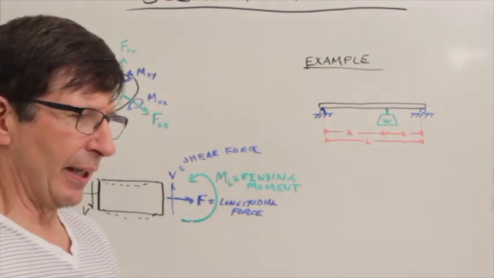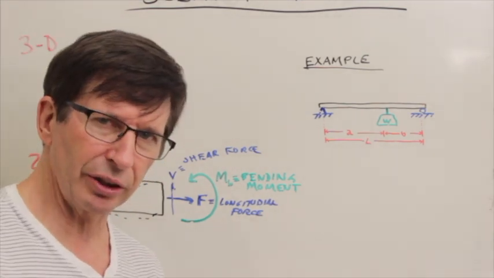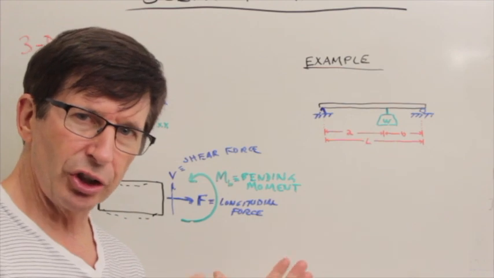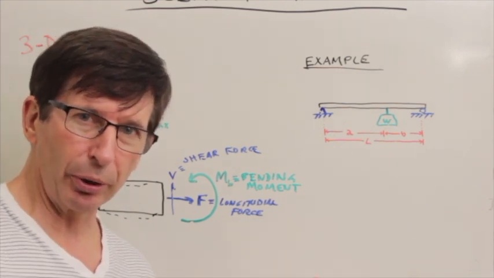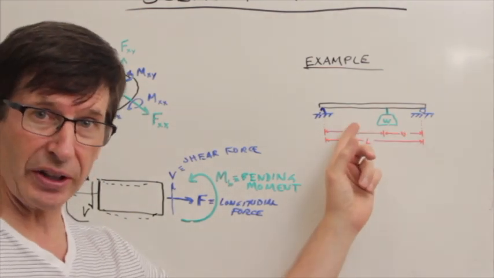One thing we're going to be talking about in this section of the textbook, though, is just about equilibrium. In a later chapter, we're going to get to the deflections of this beam.